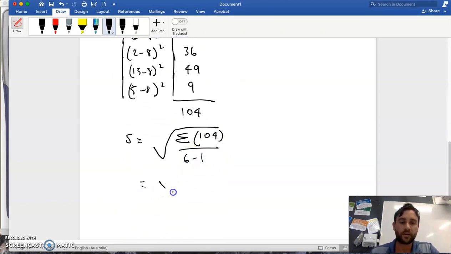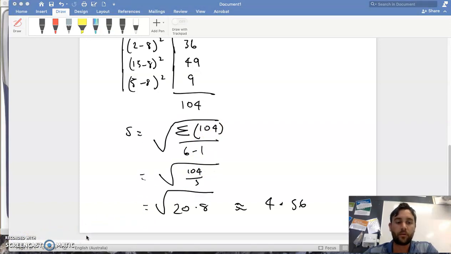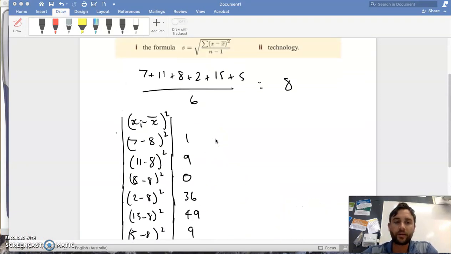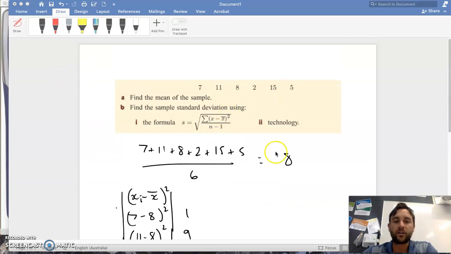Let's simplify this. I've done my sum already, I've added them all up, so it's just 104 over 5. That is the square root of 20.8, which is approximately 4.56. So that is an easy way to use this formula to answer for the sample standard deviation.